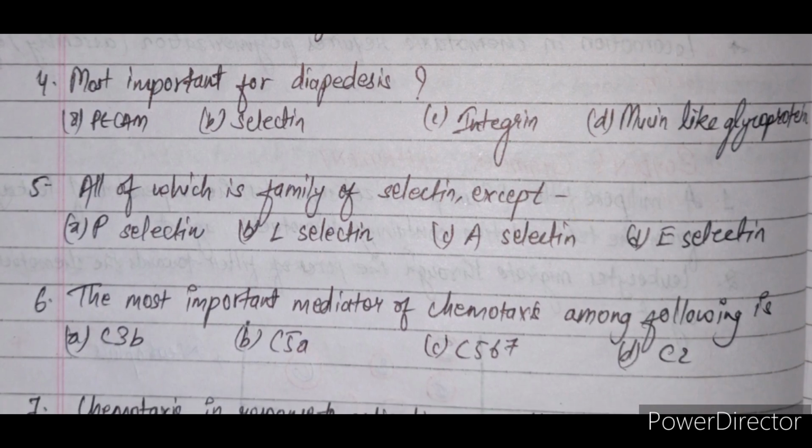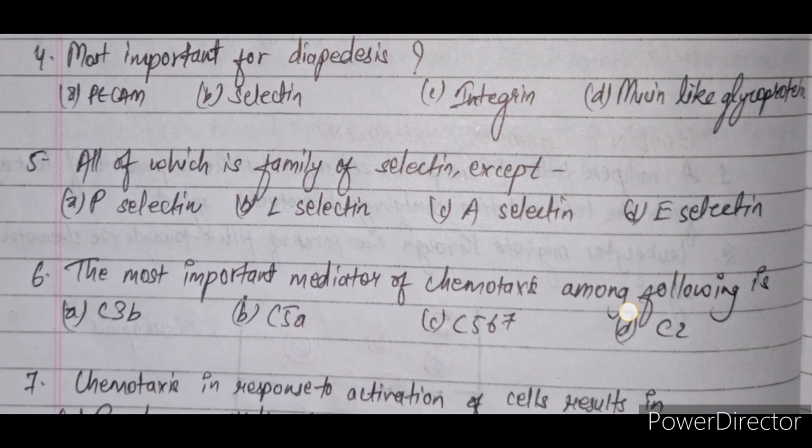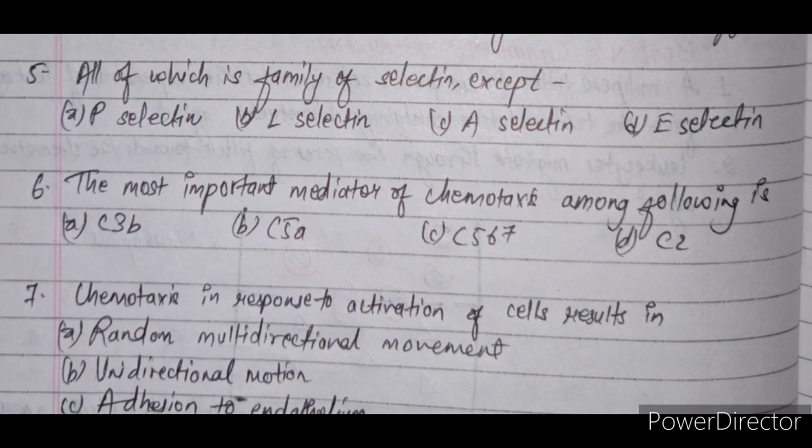Question 4. Most important for diapedesis is A. PECAM, B. Selectin, C. Integrin, D. Mucin-like glycoprotein. So here the correct answer is A, that is PECAM. Now let's see question 5.